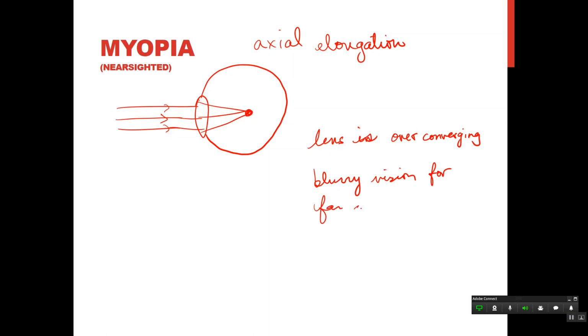So you get blurry vision for far objects when you have this issue. Let's talk about hyperopia. Sorry, I went too fast. I'll give you guys a second.